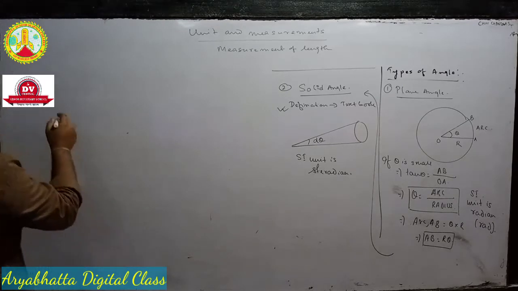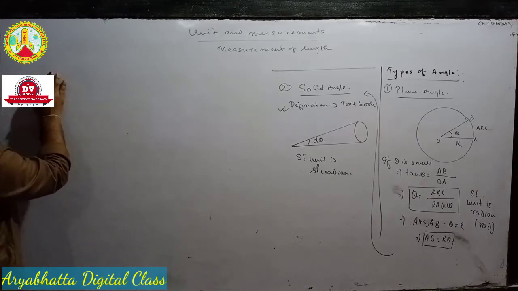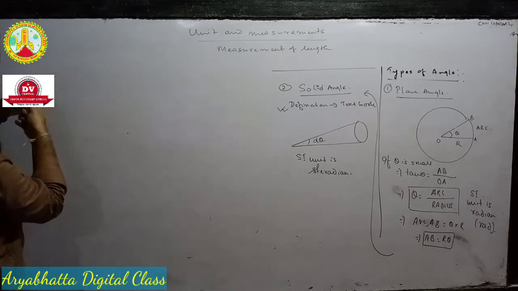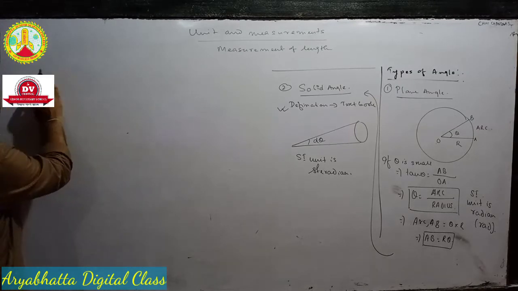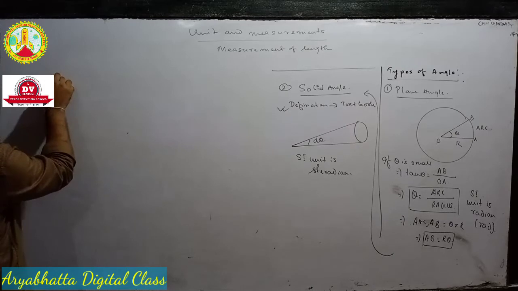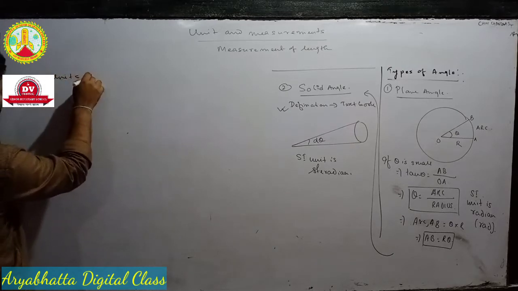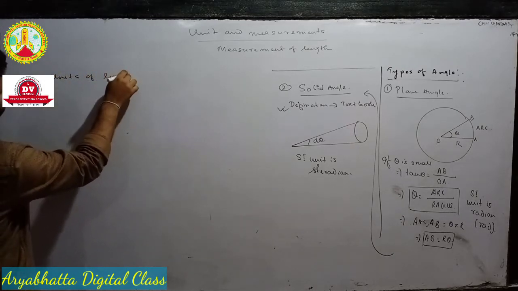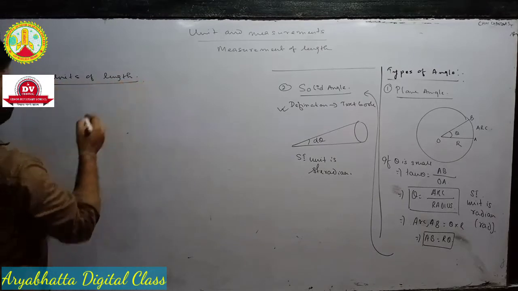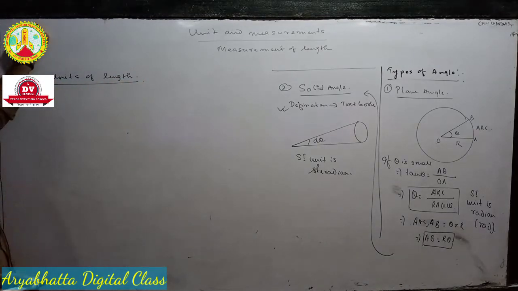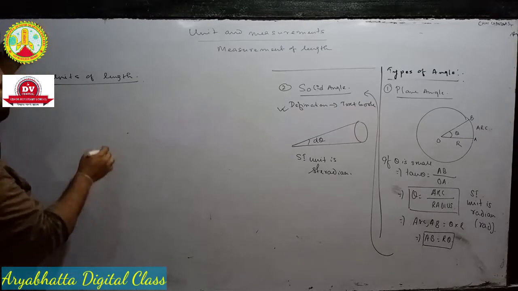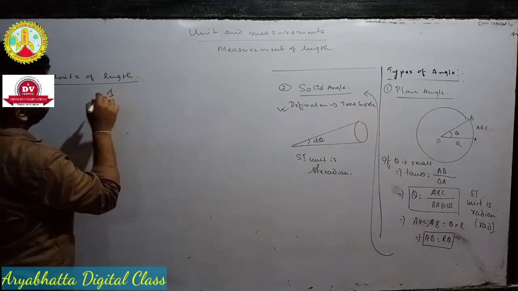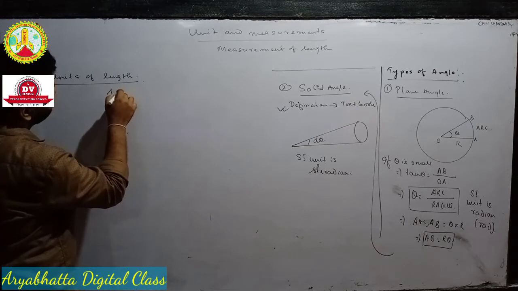Now some units of length. Some smaller units will be there and some bigger units will be there. So first we will start from smaller units, then we will go into some bigger units. You will be requiring what is 1 FM.